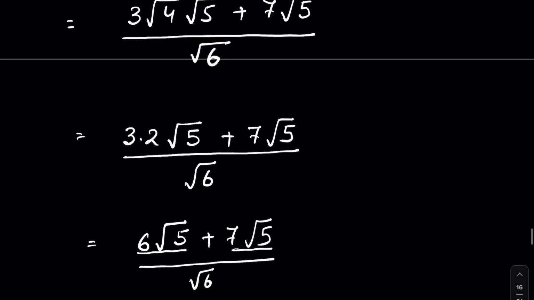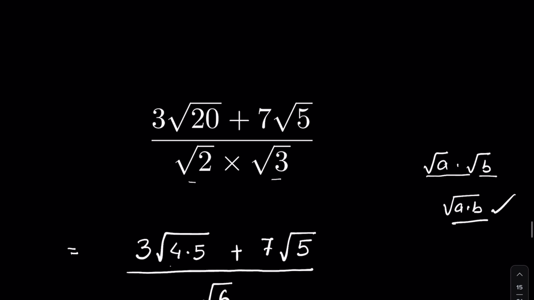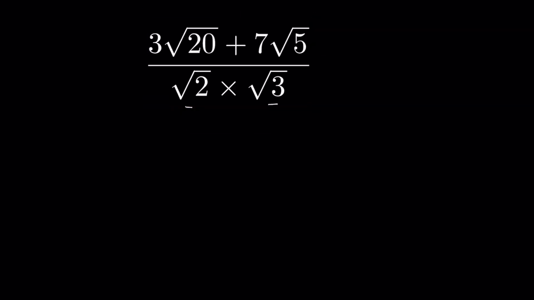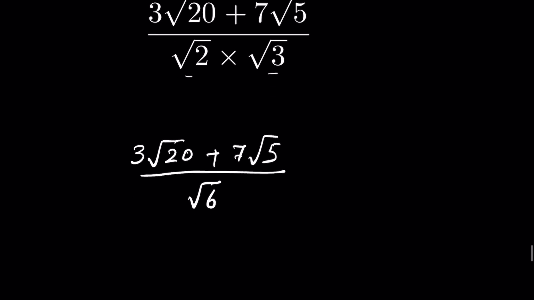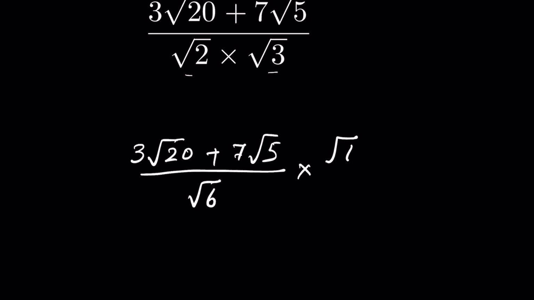Another method is we rationalize the denominator in the first step only. So in our question, square root of 2 times square root of 3 is square root of 6. So it is 3 times square root of 20 plus 7 times square root of 5 upon square root of 6. So we rationalize the denominator, multiply and divide by square root of 6.